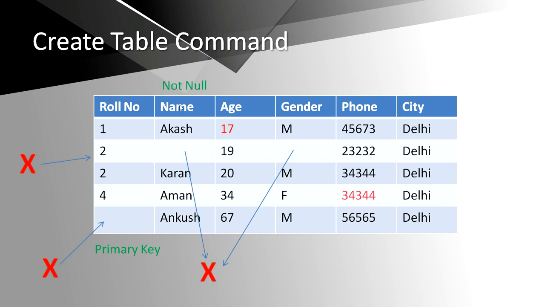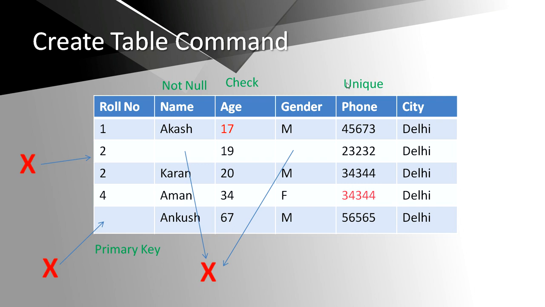Second, not null. When the not null constraint is applied on a column, that column cannot have a null value. It can accept duplicate values, but it cannot accept null values, meaning the cell cannot be left blank. Third is the check constraint. When you want a set of conditions to be true, only then the record should be entered, that can be done through the check constraint.